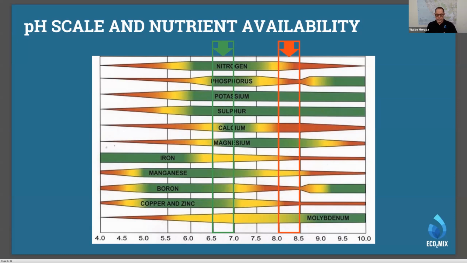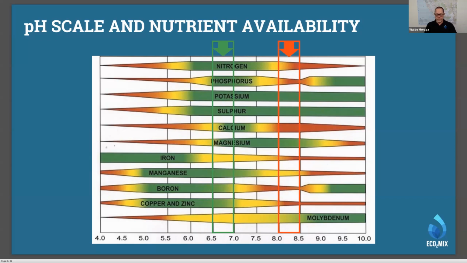Why is this? Because they are in a different form. Phosphorus, for example, can form calcium phosphates, and we need to move it to make a phosphate ion that the plant can take up. So we move the pH just to the right one, between 6.5 and 7, and we're going to have way more available phosphorus. The same with the micros.